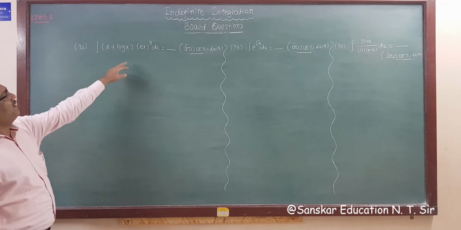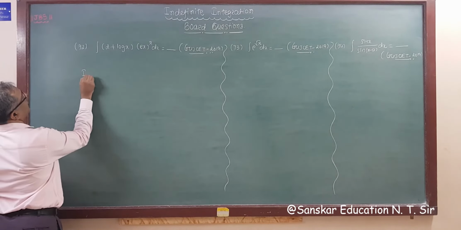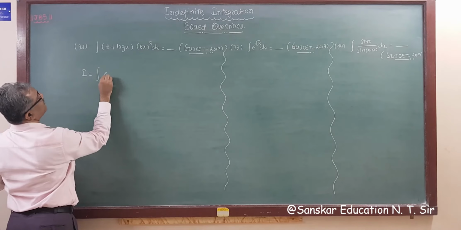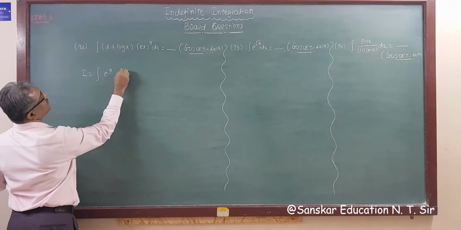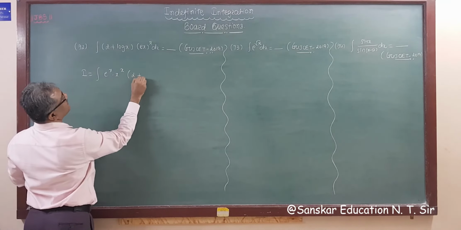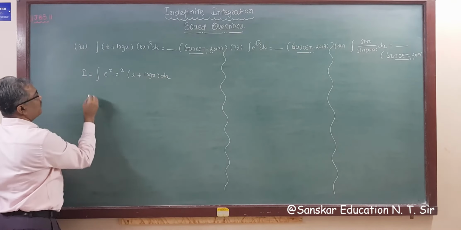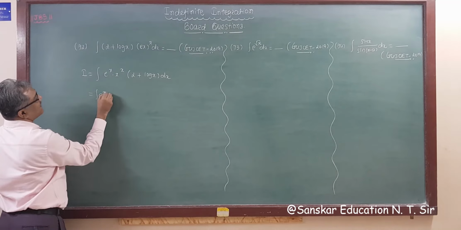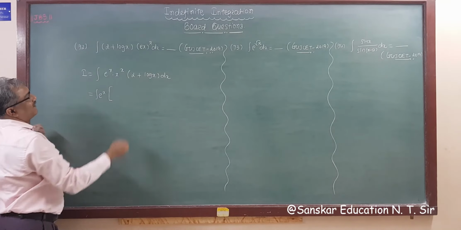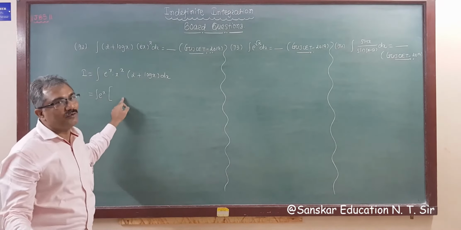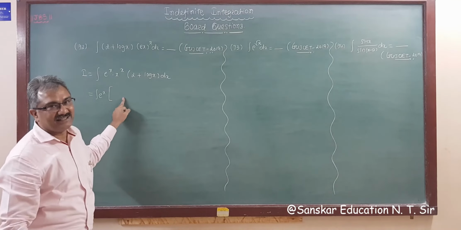Okay, so now I is equal to, can I write like this, e raised to x into x raised to x into 2 plus log x dx, right? So you have e raised to x. Now think, if e raised to x is there, then you have to find out f x and f dash x, right?